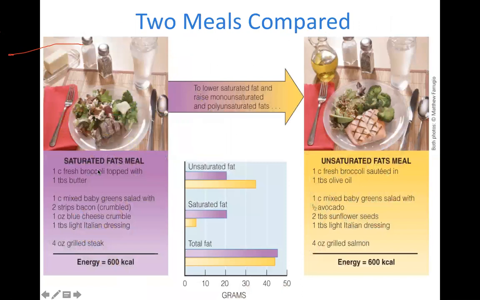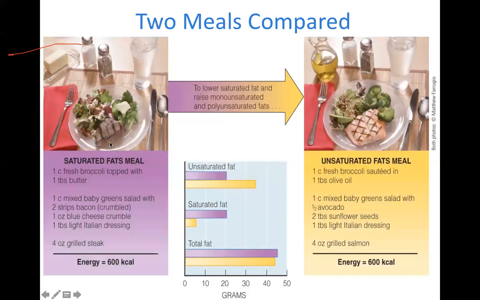In order to eat more quote unquote healthy fats, you can do kind of these meal makeovers. So this particular meal is a steak with bacon, blue cheese, Italian dressing. And it's pretty high in saturated fat. So the purple is representing this meal on the left.